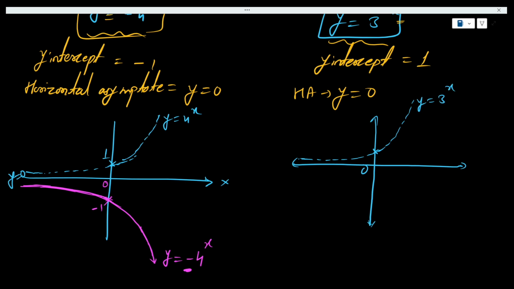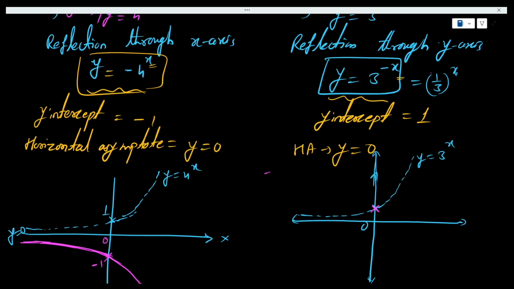Now, if I do the reflection through the y-axis, 3 to the power minus x can be written as 1 by 3 to the power x. So your y-intercept is the same. Reflection means whatever the distance of every point, it stays the same, so the graph becomes like this, and it keeps decreasing.